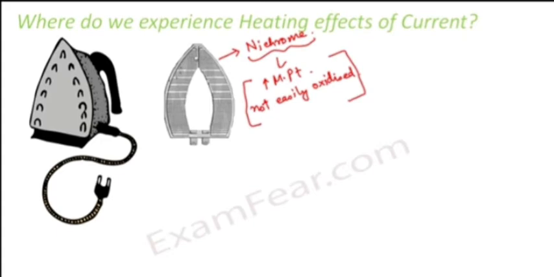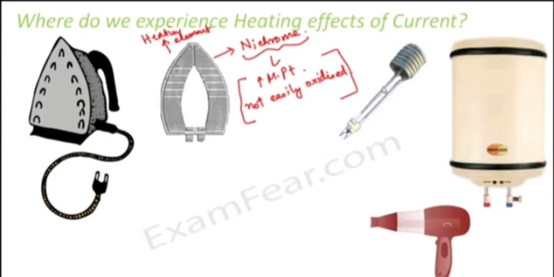The reason is these materials have some sort of heating elements. Heating elements are present inside these materials which are responsible for generating heat when current is flowing through the circuit. Suppose for example in the iron, we have seen that the iron gets heated and we are able to press our clothes.